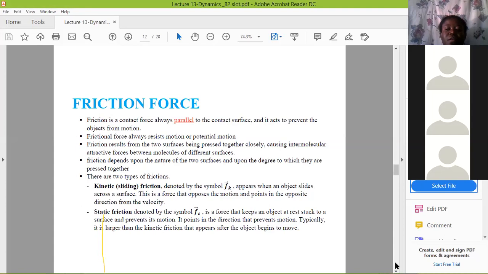The friction force is a force which always tries to resist or stop the object in motion, and it is always parallel to the surface.